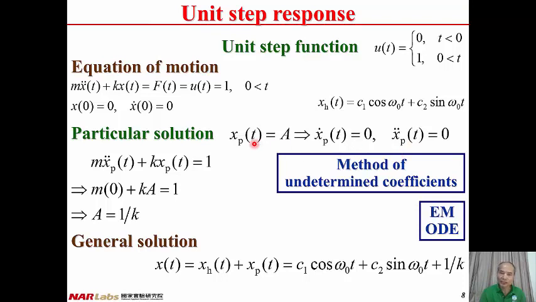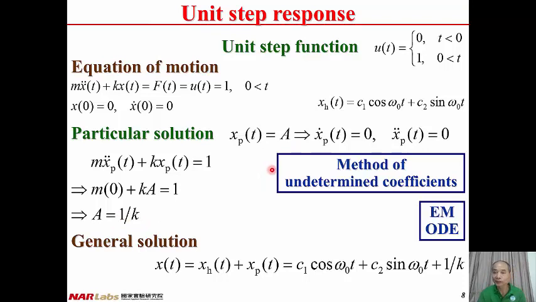And we substitute xp and xp double dot into the differential equation. Then we have m times 0 plus kA equal to 1. Then we can solve for A equal to 1 divided by k. Once we have solved for A, we can substitute A back into the particular solution.